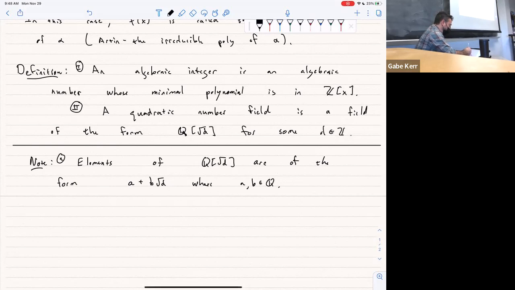One other thing to note is that you may assume d is square-free. In other words, if there's a factor of 4 or 9 or something, we can just take that out because it will just come out.